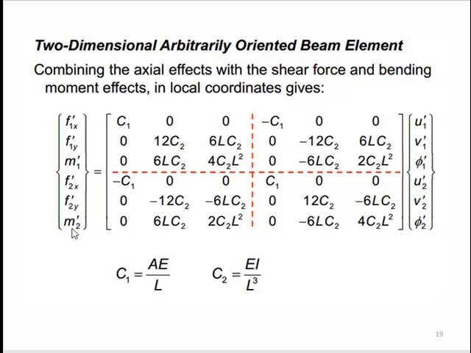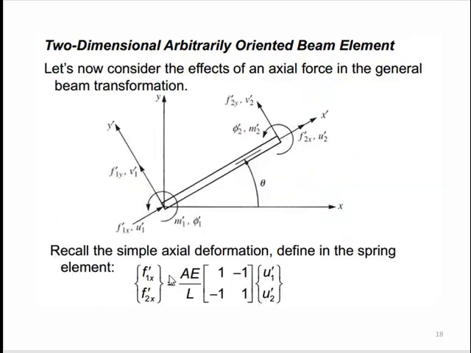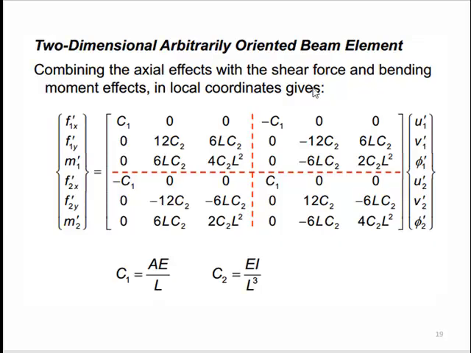So we have combined this information and the matrix for the beam element, and we have got this 6 by 6 matrix. You see that before combining them, we need to make sure their coefficients are consistent.